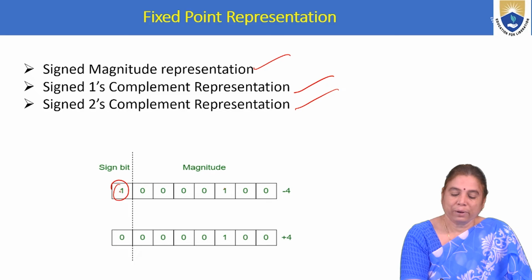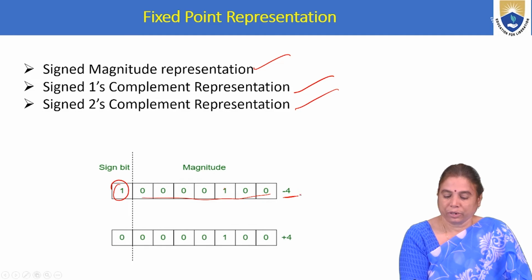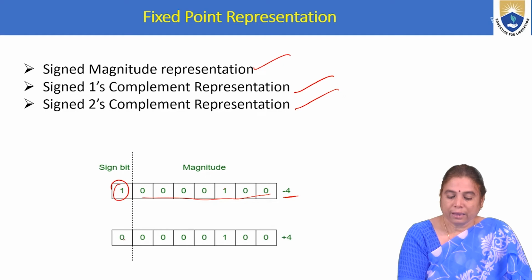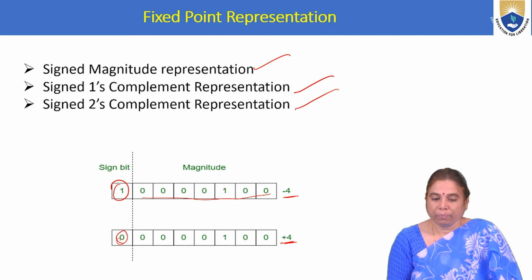So here the sign bit is 1, so it is a negative number, and the magnitude of this binary number, equivalent in decimal form, is 4. So this is the signed magnitude representation. And for a positive number, the sign bit is off, and it is used to represent the plus 4 value. This is the signed magnitude representation.